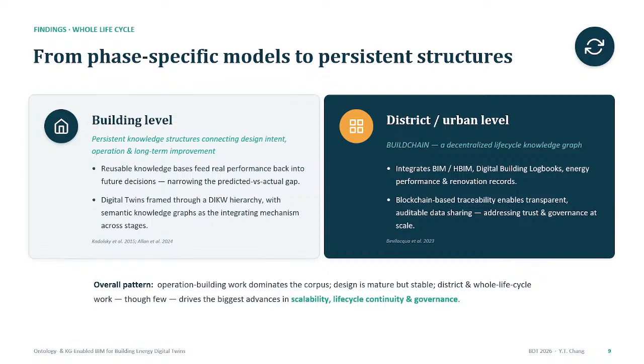How can we have the persistence of the knowledge structure, etc.? And also some interesting projects, I think very similar to the first presenter: how can a city or a country start working on their digital building logbook? And so all this data can be a knowledge base for a lot of applications in the future, right?